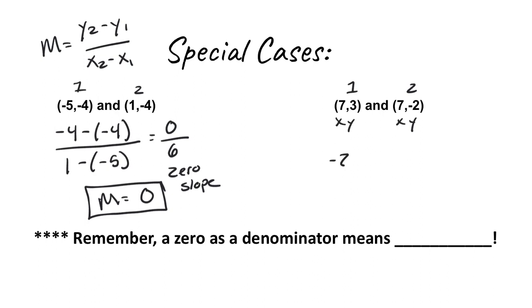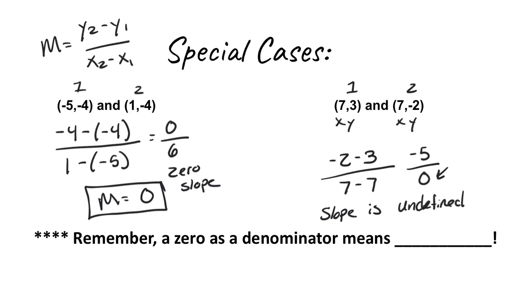So negative 2 minus 3 over 7 minus 7. So negative 2 minus 3 gives me negative 5 over 7 minus 7 will give me 0. Well, if I have 0 as my denominator, the slope is undefined.